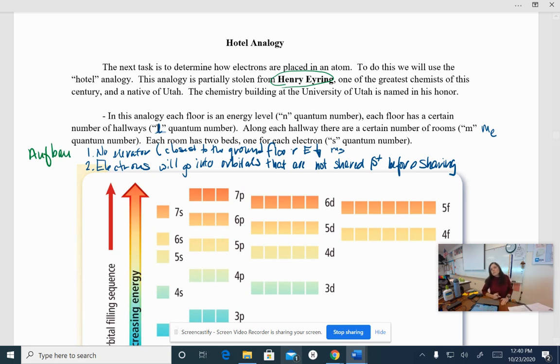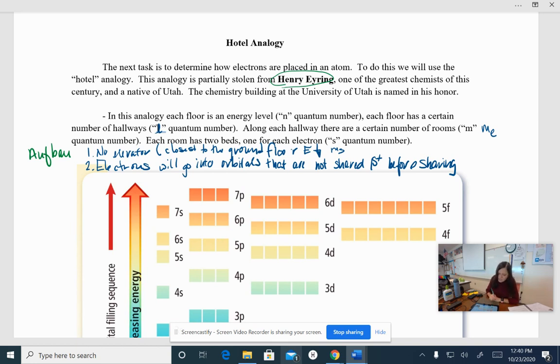Now, you'll notice that a lot of these have German words to them because guess what? The people that came up with quantum mechanics, they were German. So Aufbau, or the verb aufbauen, means to build from the ground up. So we are building from the lowest energy level on up. You can't build a building without building from the bottom up, okay?